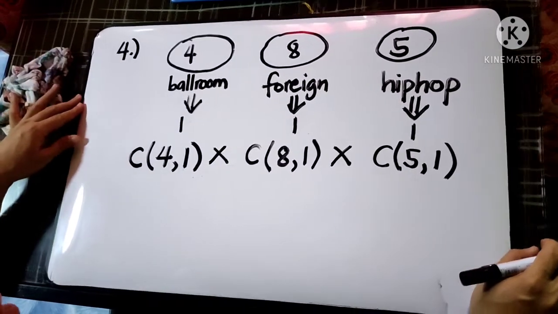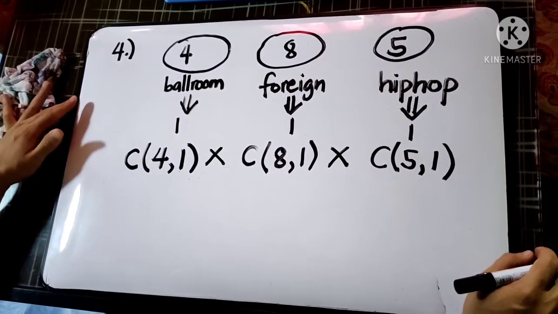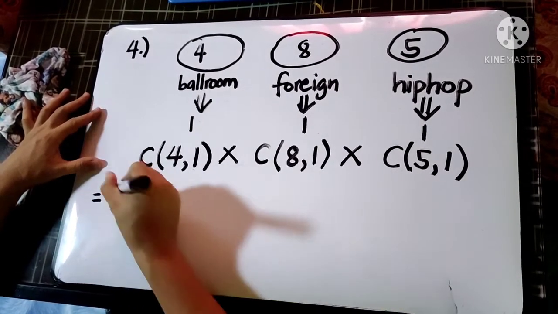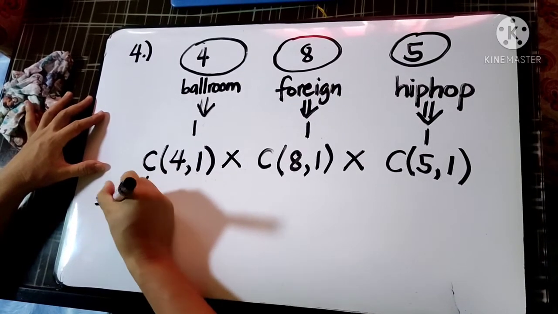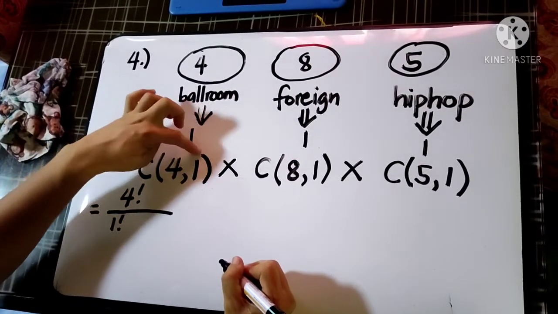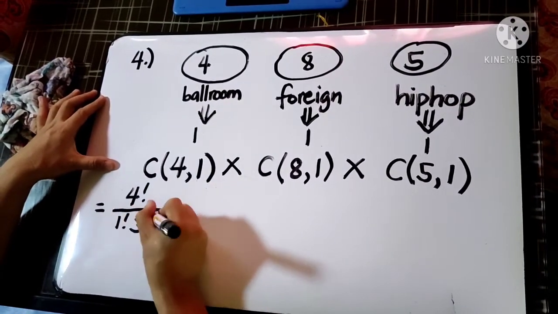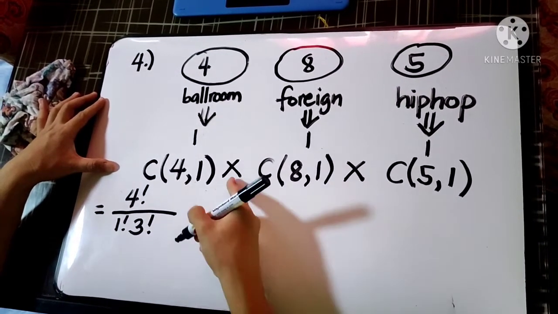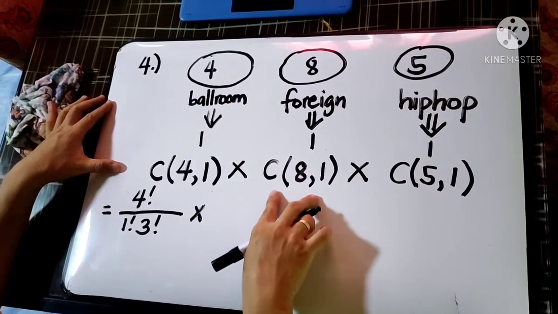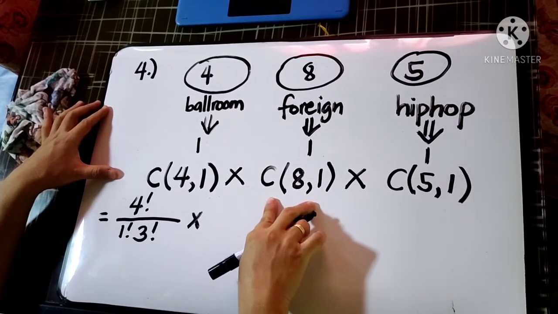So, we are now ready to solve. Applying the formula, this becomes 4 factorial over 1 factorial, 4 minus 1 is 3 factorial. Kopyahin mo yung multiplication. Dadako naman tayo sa pangalawang combination.